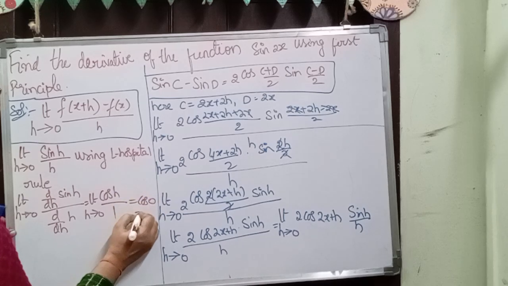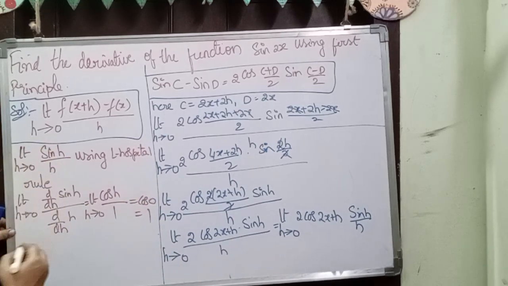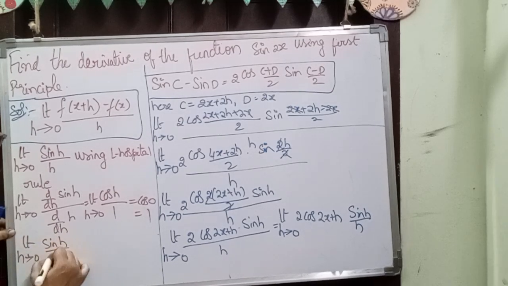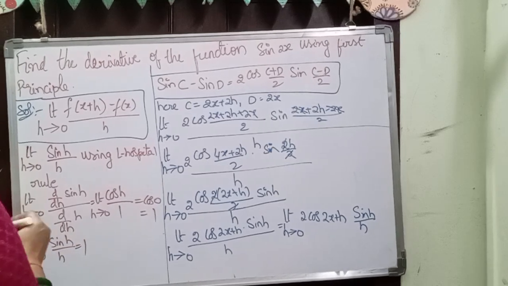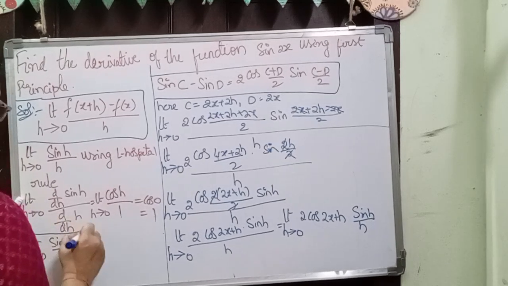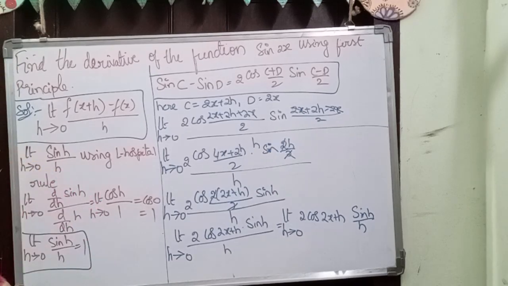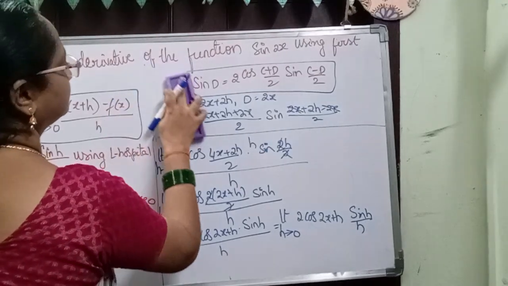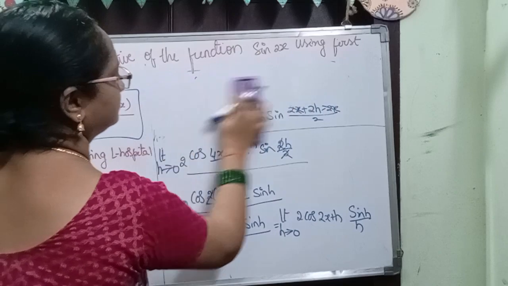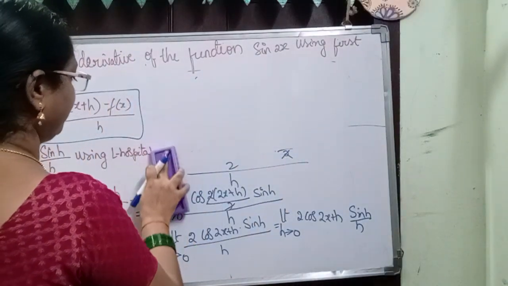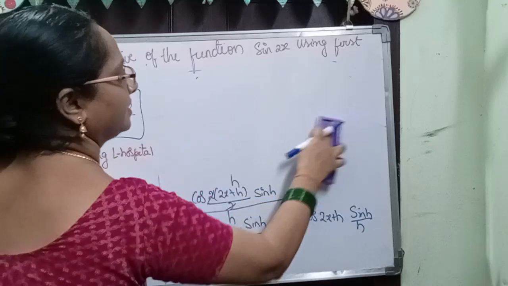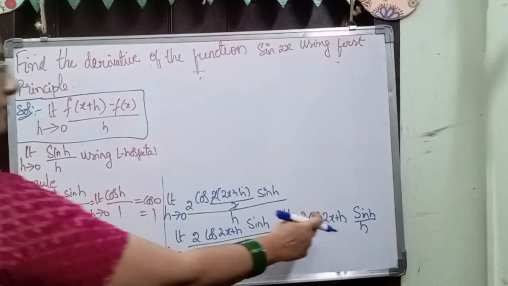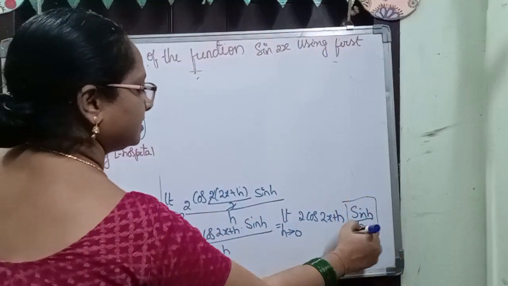Cos of 0 is equal to 1. So the value of limit h tends to 0 of sin h by h is equal to 1. So for this we got 1.